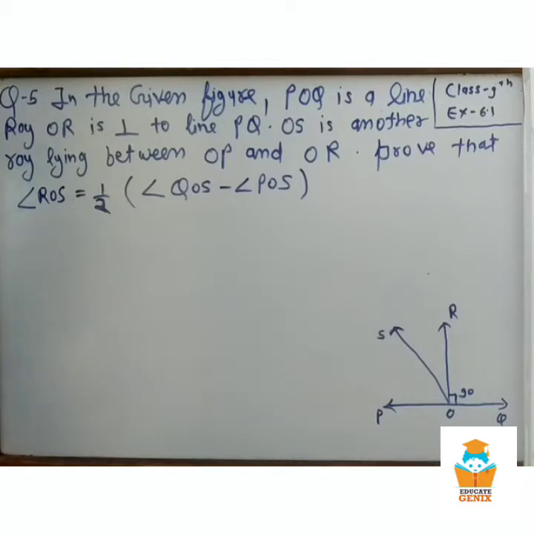Let's see in the figure. It is already given that angle ROQ is 90 degree, and OR is perpendicular to PQ. So we can also say that angle POR is also going to be 90 degree.